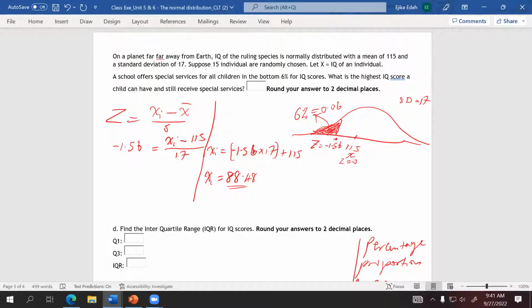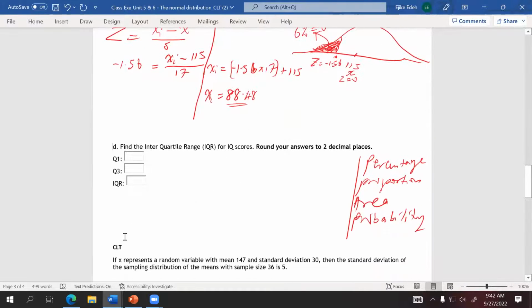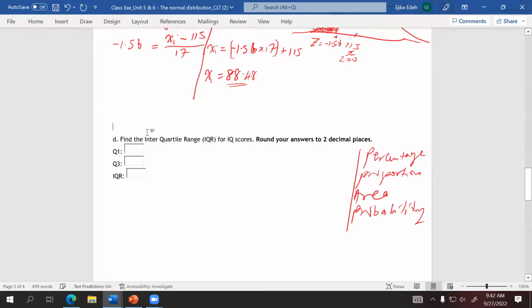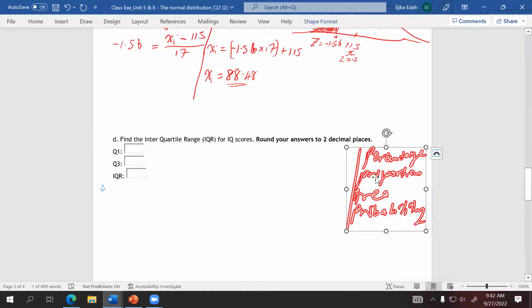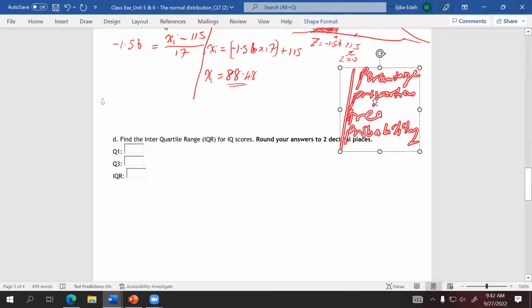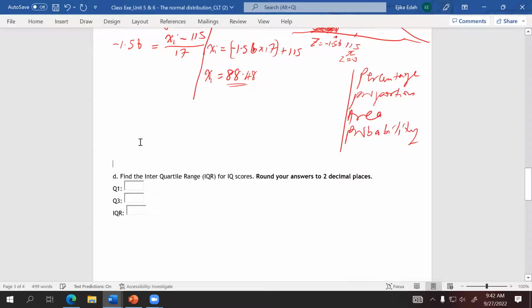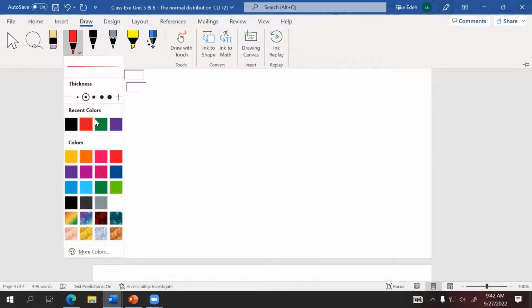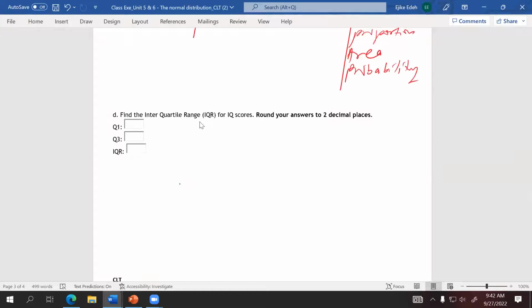Okay, so let's go ahead and solve the remaining ones. This one is saying find the interquartile range. So we know that the interquartile range, IQR, is Q3 minus Q1.